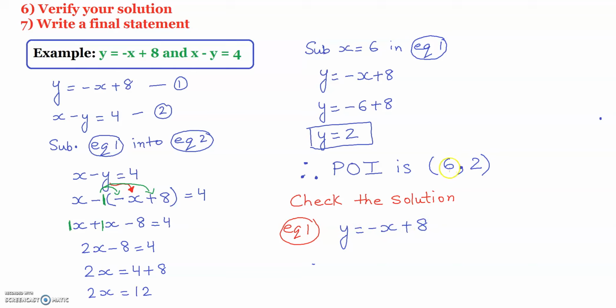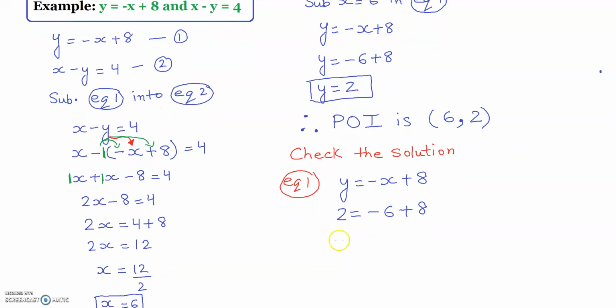I will substitute 6 into x and 2 into y. Y is 2. Then I will again combine the terms. And I can tell the left side is equal to the right side. It means this one is correct.